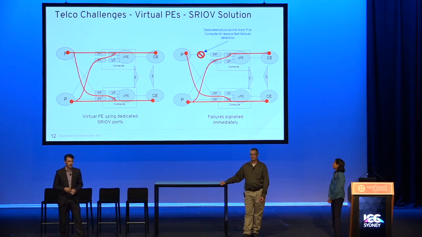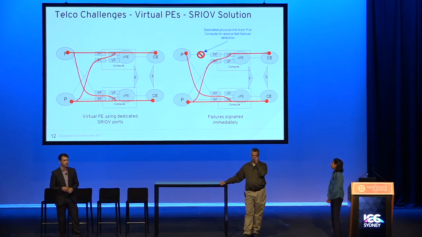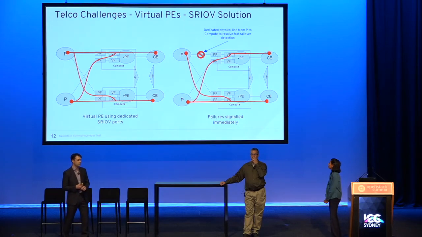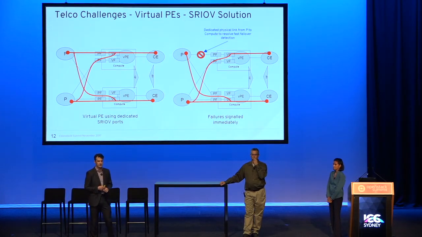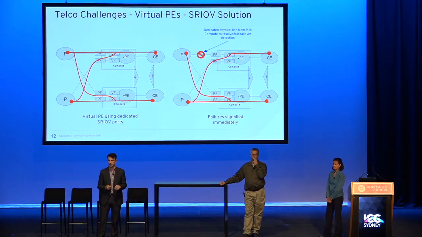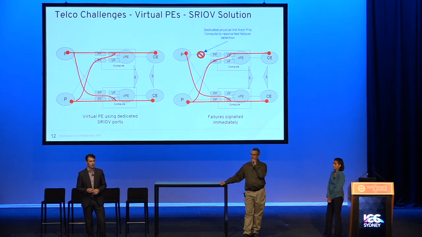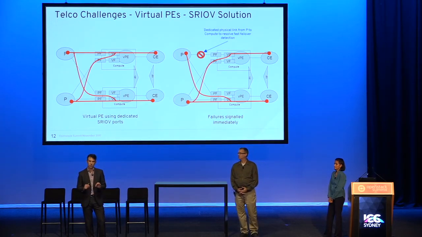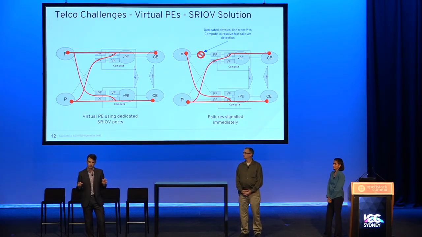What we were looking at to resolve the technical problem is the use of SRIOV. In this case, we've tied one-to-one our physical network port to a virtual network port on our virtual PE. This had the nice benefit of being able to instantly communicate link failures to both endpoints, and we were able to transition very, very quickly.